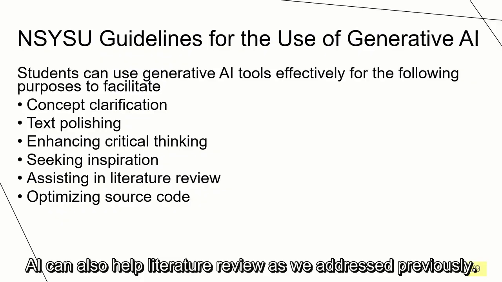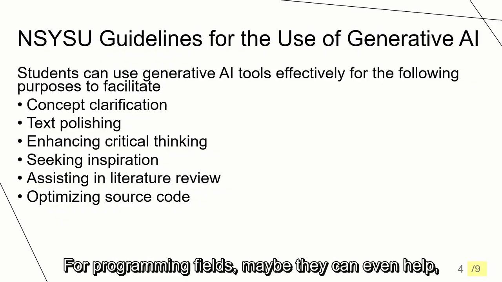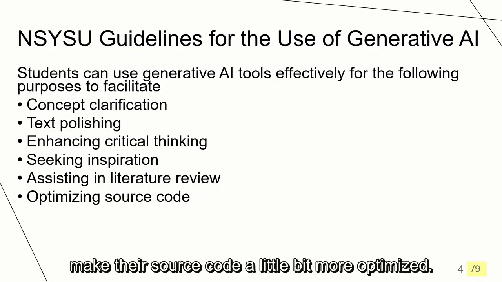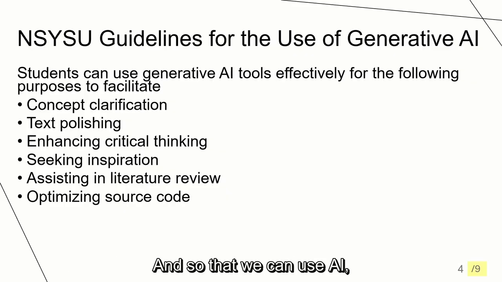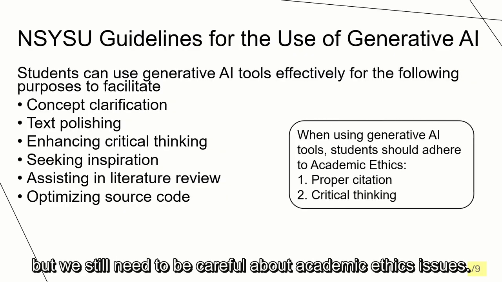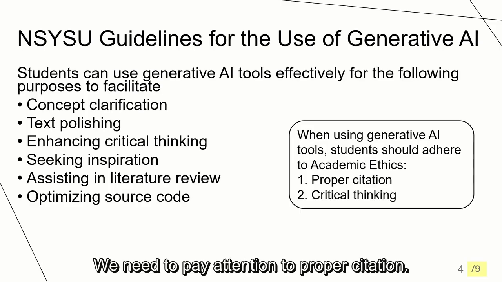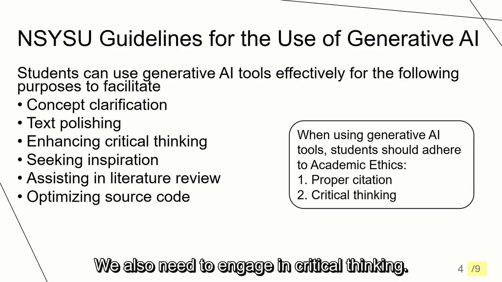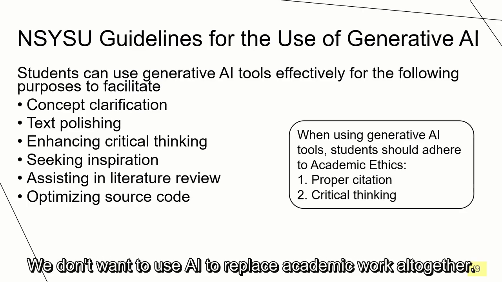AI can also help with literature review, as we addressed previously. For programming fields, maybe it can even help make their source code a little more optimized. And so we can use AI, but we still need to be careful about academic ethics issues. We need to pay attention to proper citation. We also need to engage in critical thinking. We don't want to use AI to replace academic work altogether.